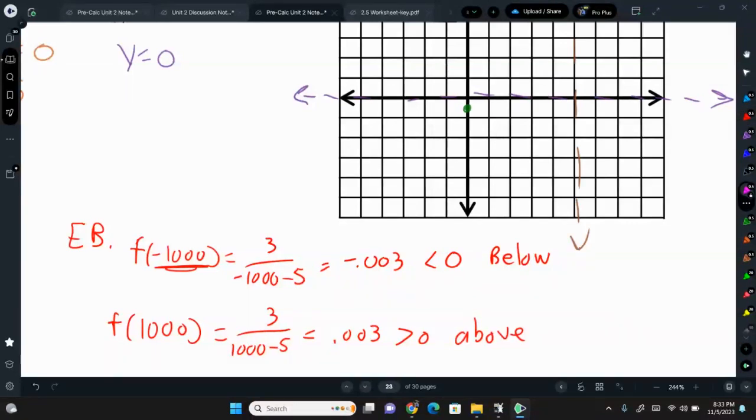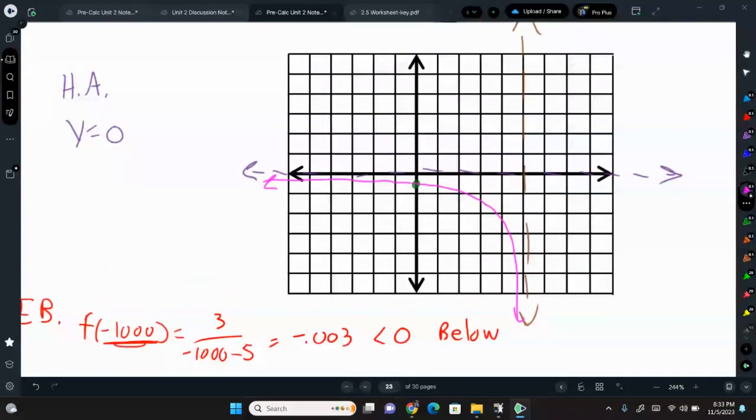So we know that it's going to come this way, and then we know that the vertical behavior coming from this side is negative, so it goes down like that. We know the vertical behavior from the other side is positive, so it's going to come up, down from here, and then we are above the asymptote.